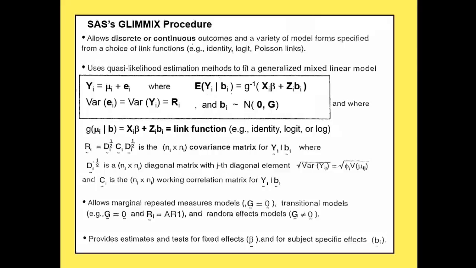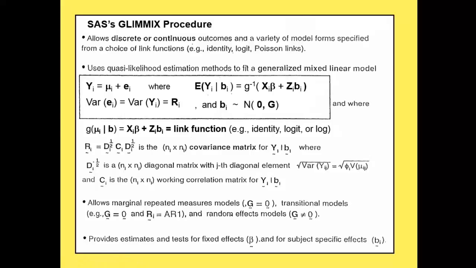So that's one thing. The general form of the GLIMMIX model is a little tricky compared to the form of the linear model for PROC MIXED, because the random effects come in when you're conditioning on the random effect, when you're conditioning on the expected value, which relates to the link function and how it works.